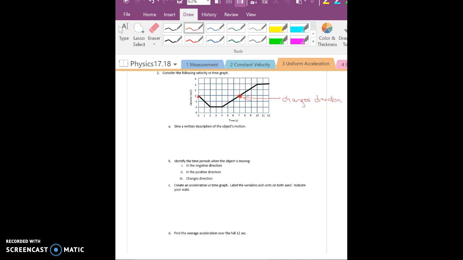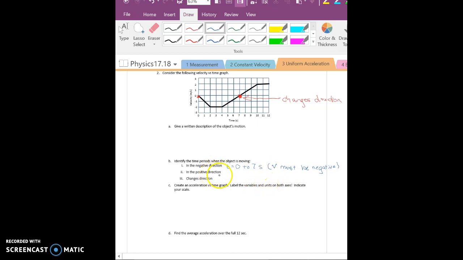In part B, it asks us to identify the time periods when the object is moving first in the negative direction. So to find something that's moving in the negative direction, velocity must be negative, less than 0. And so when I look at the information we have on this object, from time 0 to time 7, that's when the object is moving in the negative direction, because that's the range of time when velocity is negative.